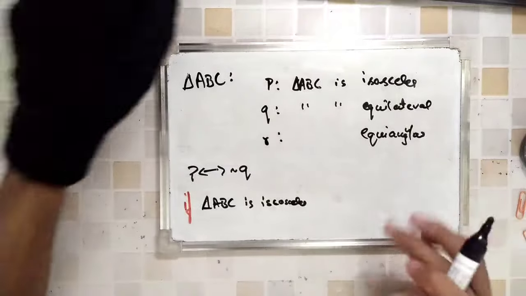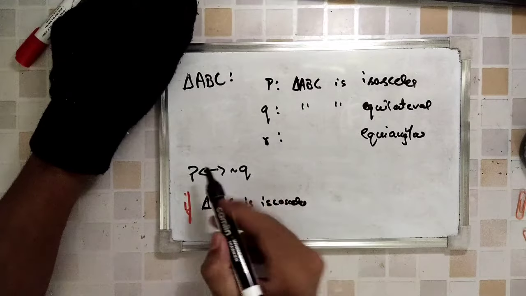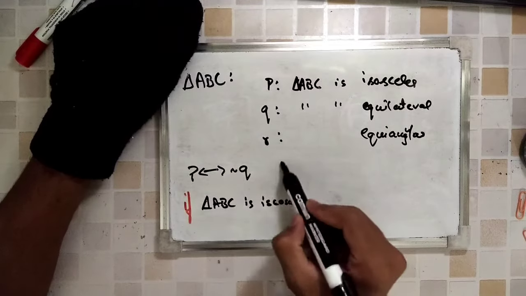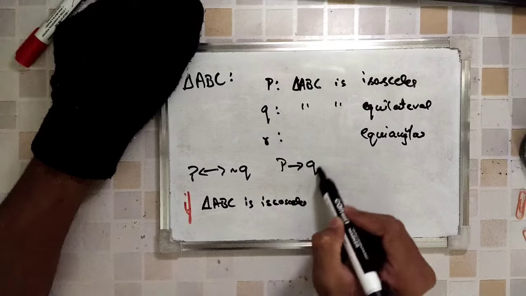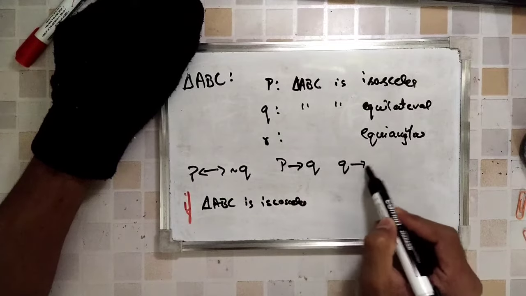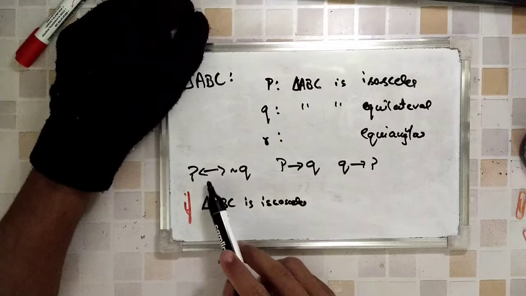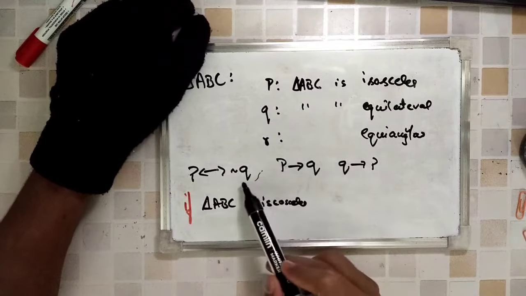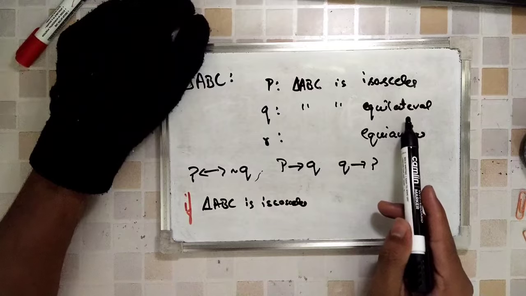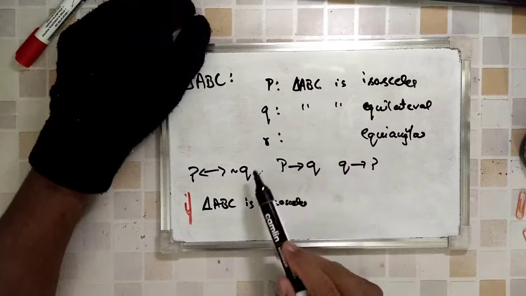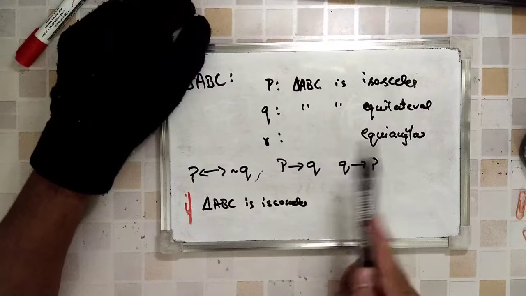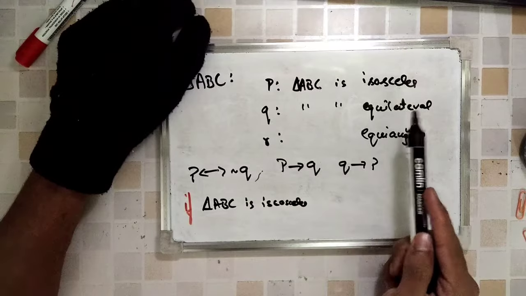Basically two things come here. P if and only if Q is nothing but P implies Q and Q implies P. So you can write in this way: if triangle ABC is isosceles, then it is not equilateral, comma, if triangle ABC is not equilateral, then it is isosceles.